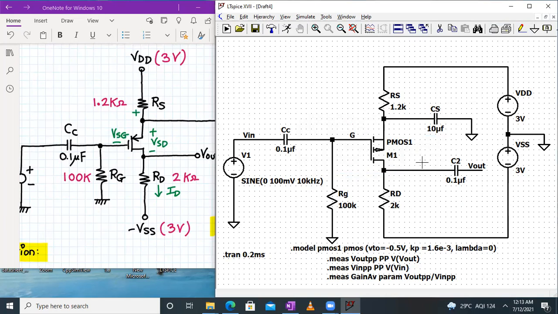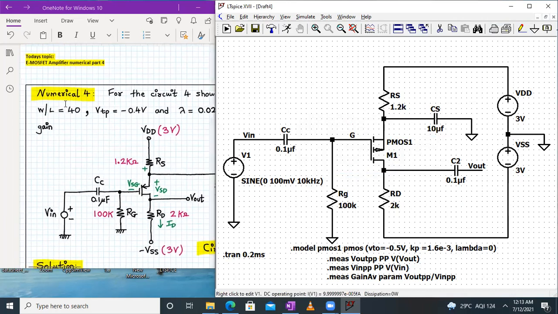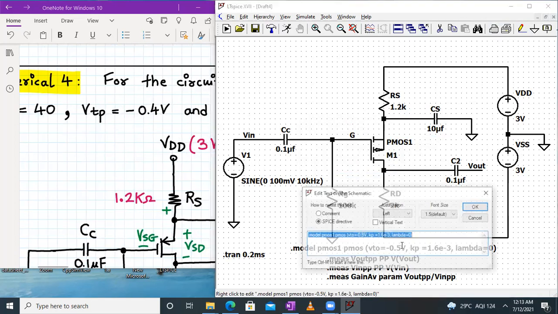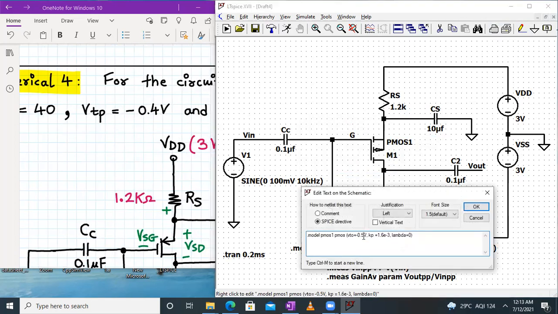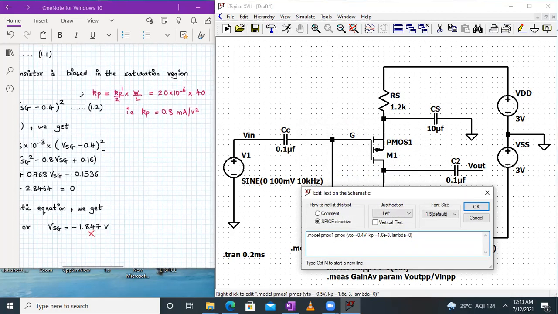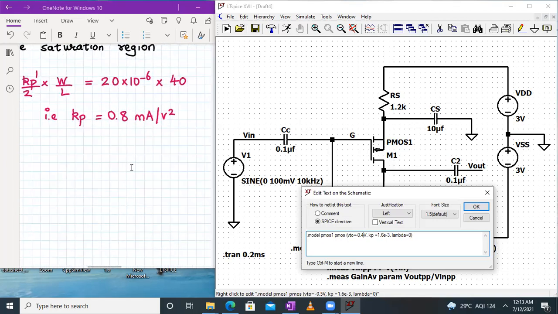So we have set everything; the dot model parameters we might have to change. So let us go over here. VTP is minus 0.4 instead of minus 0.5, it is minus 0.4. What about the KP value? Our KP value has to be substituted twice of this, right?